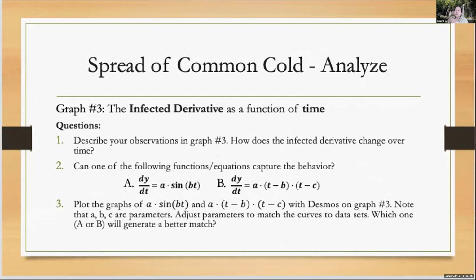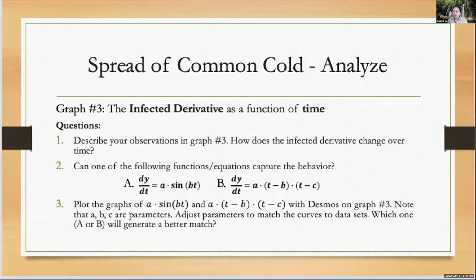Well, the interesting part, of course, is the next 2 graphs. For the next graph, we ask students to plot the infected derivative as a function of time. We ask students to describe the observations from this graph and decide which of the 2 functions would be a nice one to mimic the behavior in the graph they plotted.